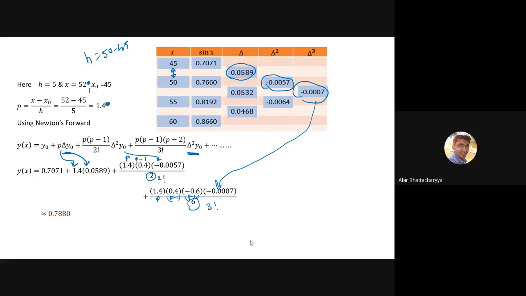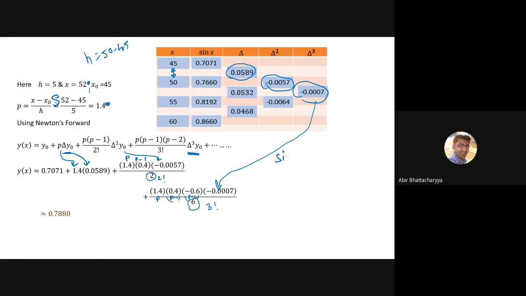If someone uses a different table, suppose I give you the values of sine 43, sine 48, sine 53, and sine 58.